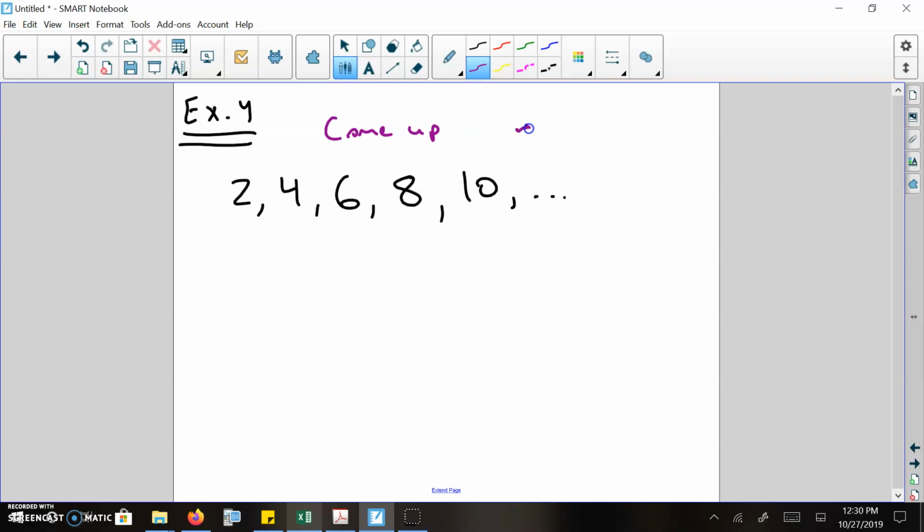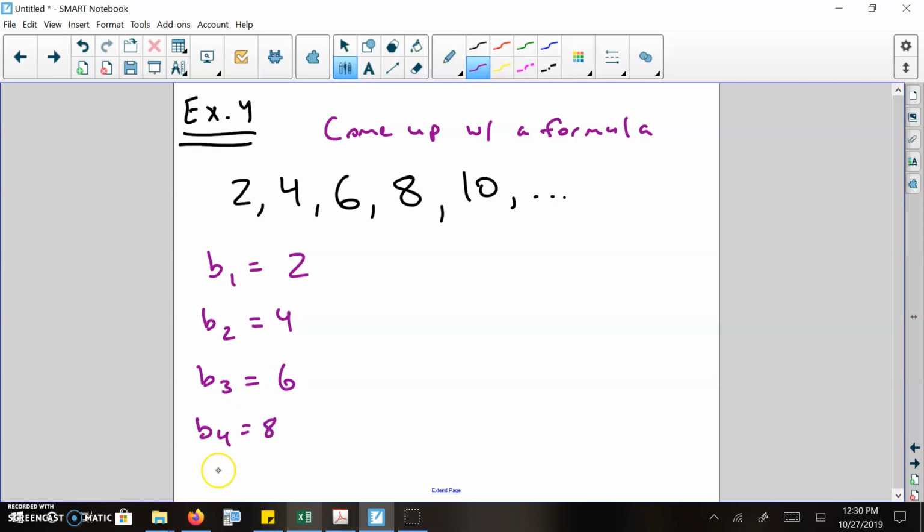We cannot write, so let's fix that. Come up with a formula. Alright, so here's a good way of doing this, in my opinion. If these are the terms of the sequence, the first term, b sub 1, is 2, b sub 2 is 4, b sub 3 is 6, b sub 4 is 8, and b sub 5 is 10.